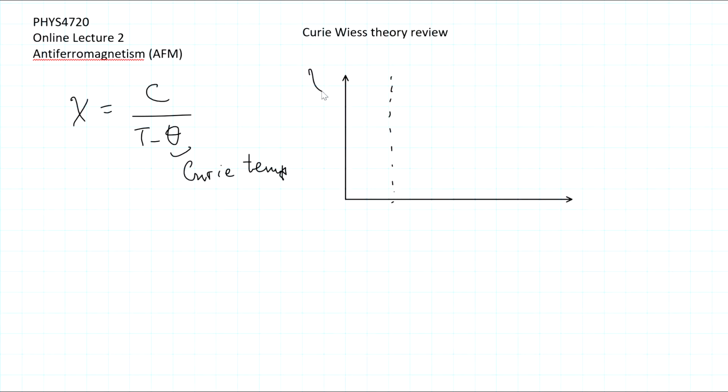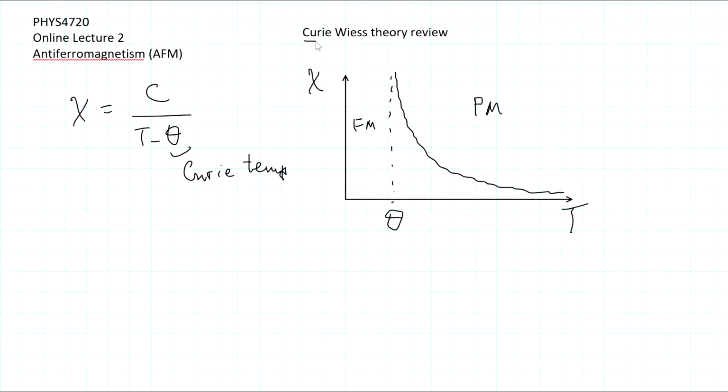This is susceptibility, temperature, and the curve would be going something like that. As you remember, this is a paramagnetic state, and this state can be ferromagnetic or antiferromagnetic, so I will write ferromagnetic, but it's an example. This is the Curie temperature.